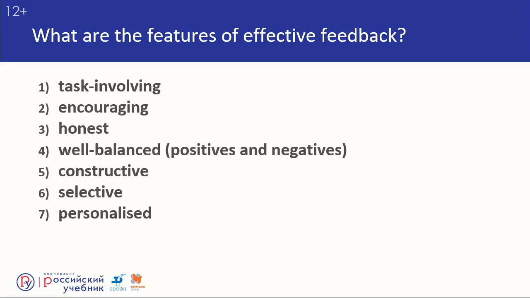So we talked about task involving feedback versus ego involving feedback, and a much more preferable way of commenting on our learners' writing is actually focusing on the task, right, rather than personal characteristics of our learner.